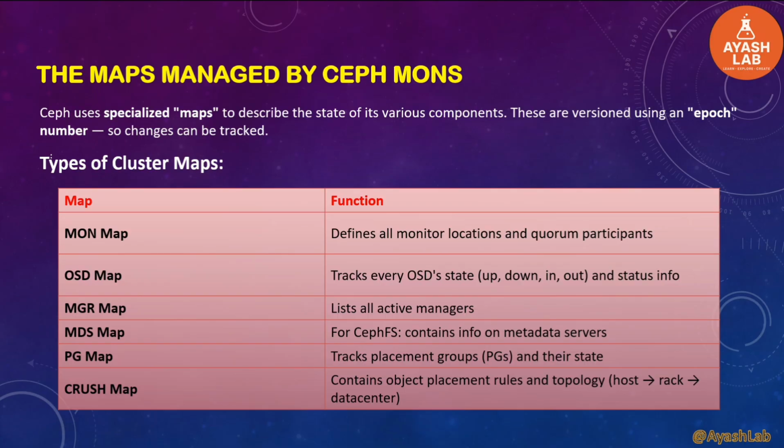In Ceph, a map is like a document or a report that tells you what is happening in one part of the cluster. Imagine you are managing a big warehouse. You need maps or logs to track which shelves have space, which workers are online, what items are where, and what machines are active.